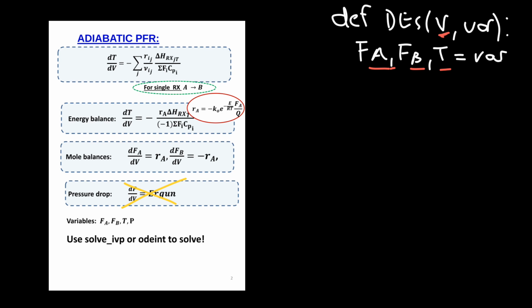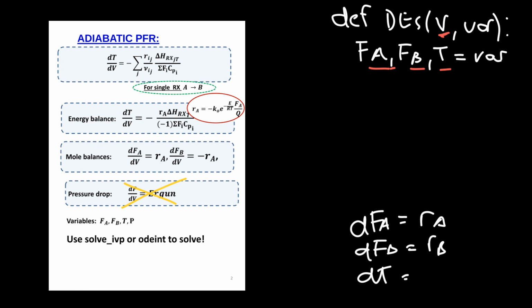What works for me is to say, right, I want a dFA/dV, I'm just going to leave out the dV in the nomenclature. I want a dFB, and I want a dT/dV. And this equation I know must be equal to RA, this is RB, which must be equal to minus RA. So I'm going to choose RA.